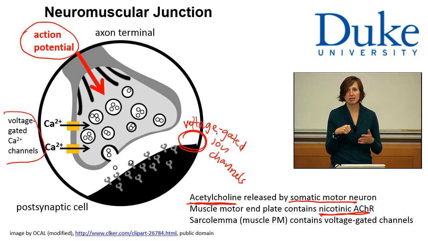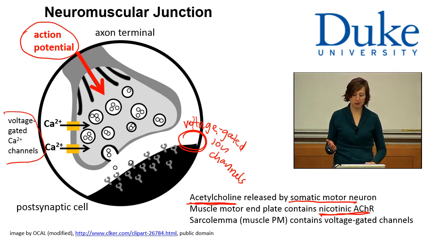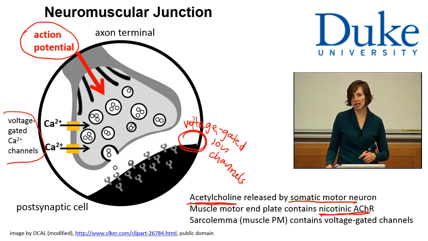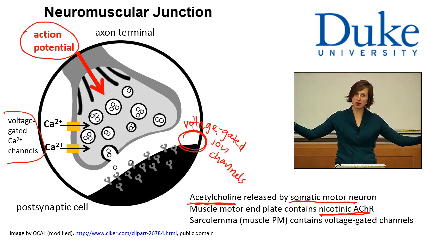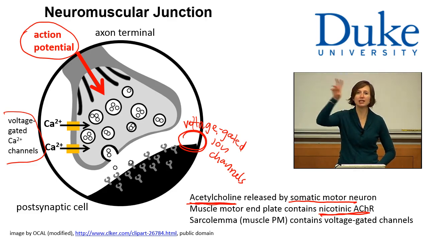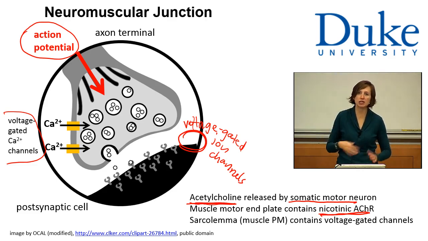And so that means that whenever we have firing of the somatic motor neuron, for all intents and purposes, we're also going to have an action potential that occurs in the skeletal muscle membrane as well. And we'll be talking more about that once we cover muscle. But again, it's this idea that if that neuron fires, we're going to have an action potential in the muscle membrane, and that's going to cause contraction, just because we're having a graded potential right next to voltage-gated channels. And so it's pretty much a given that one's going to follow the other.